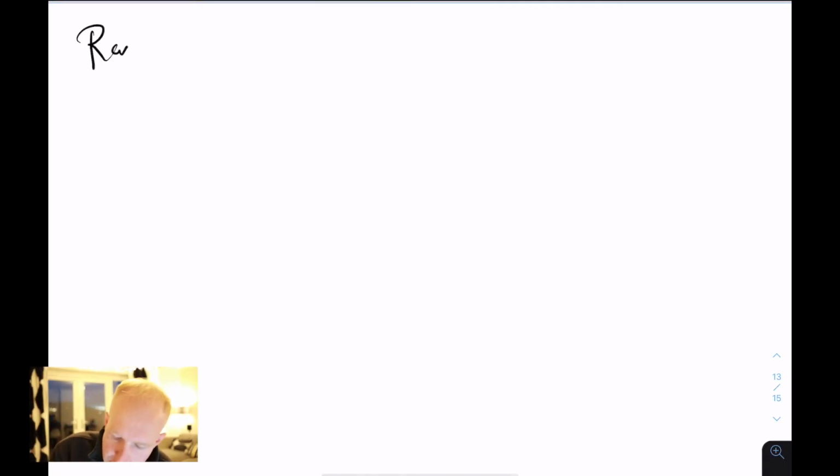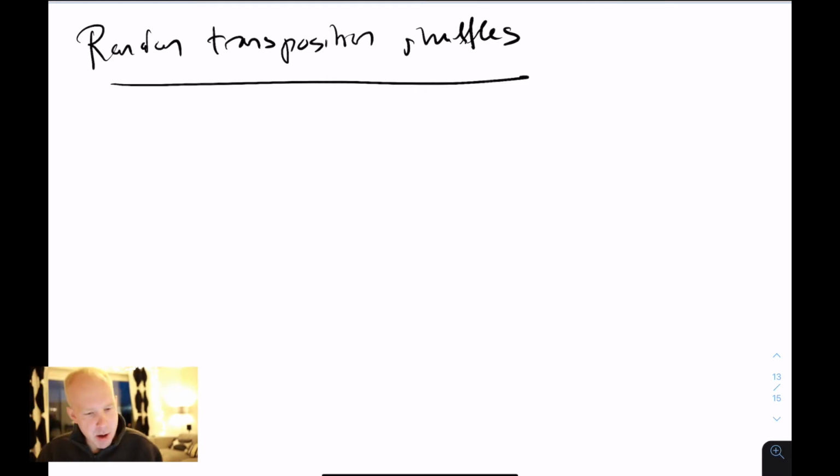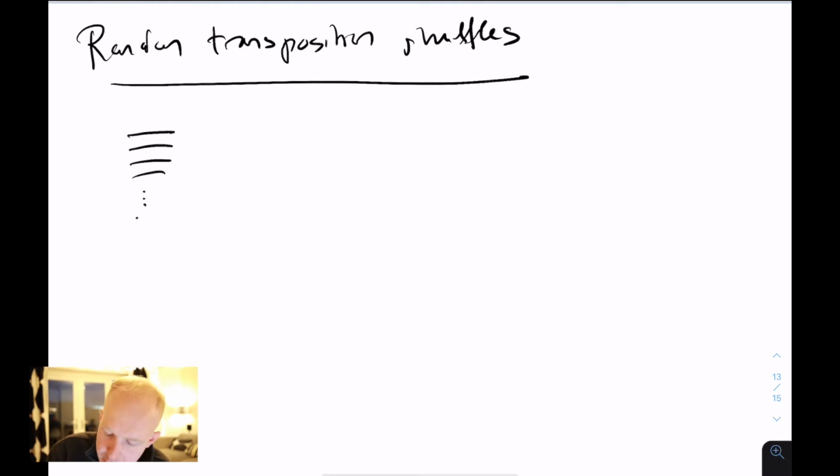Random transposition shuffles. Remember that I mentioned the random transposition shuffle in the very beginning, in the first lecture of the course. This is the idea that you take a deck of cards, let's say 52 cards, and you take two random cards here.